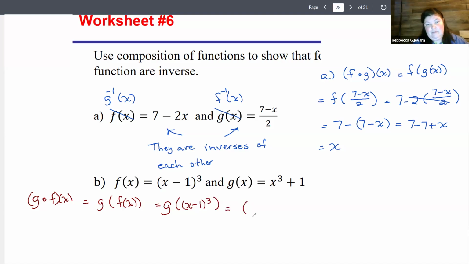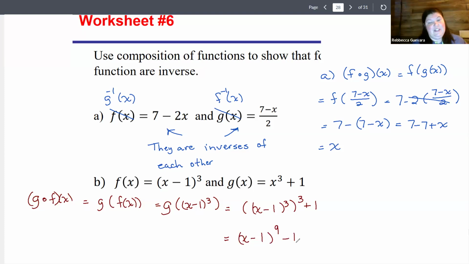G is going to be x cubed plus 1. So we're seeing we're getting a cube inside of a cube. This turns into x minus 1 to the power of 9 minus 1.